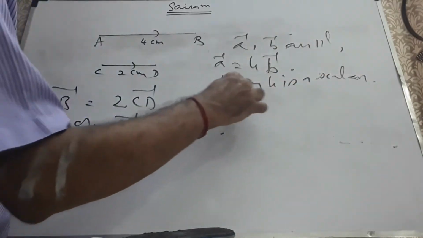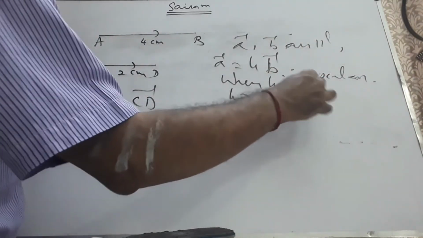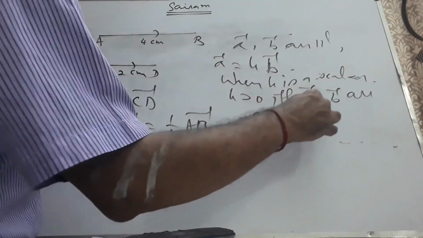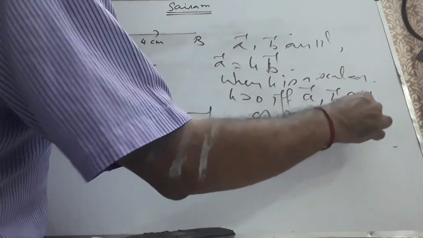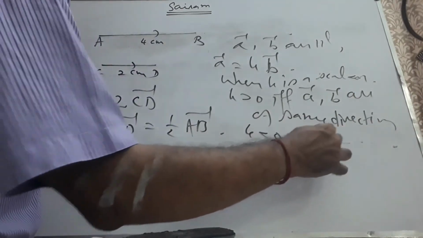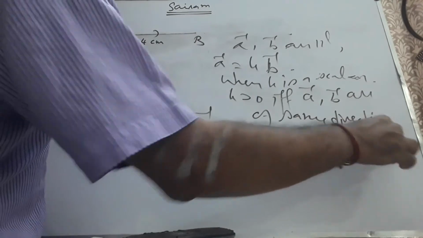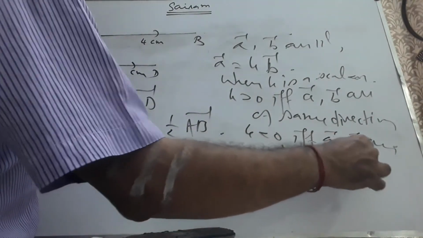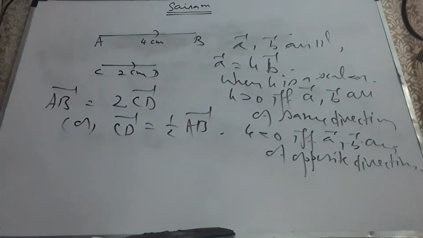k is positive if and only if a vector and b vector are of the same direction. k is negative if and only if a vector and b vector are of opposite directions. These things you are supposed to remember anyway. Let me just repeat. I have taken AB vector of length 4 centimeters and CD vector of length 2 centimeters.